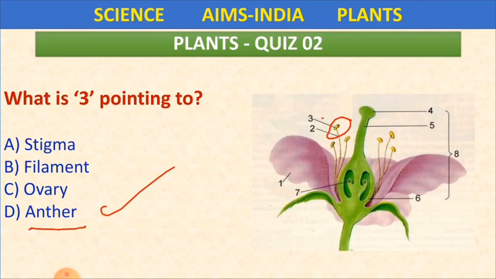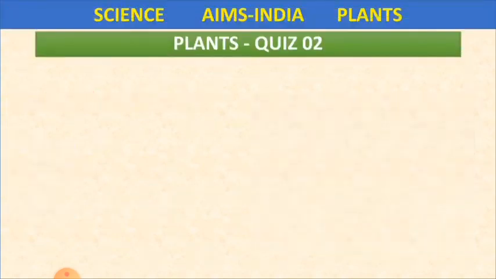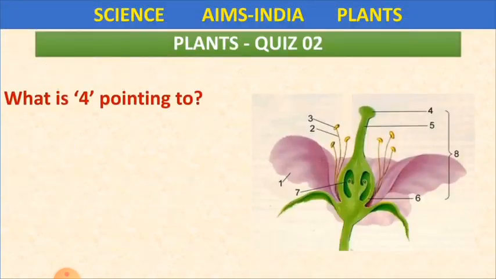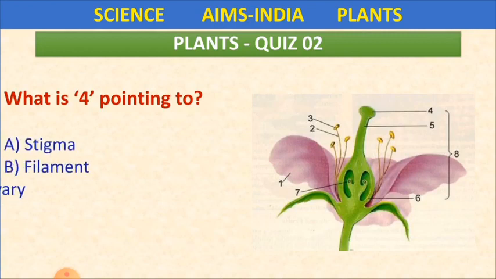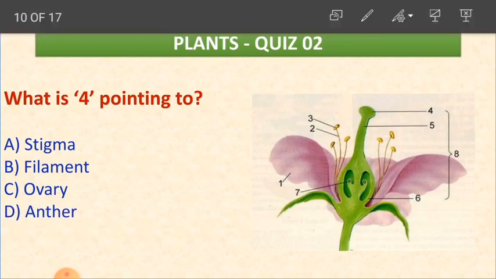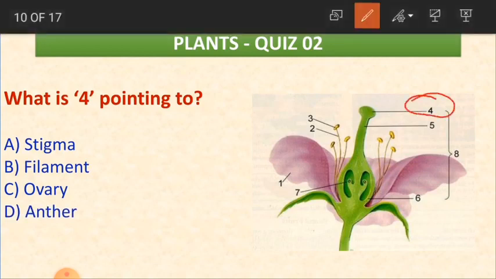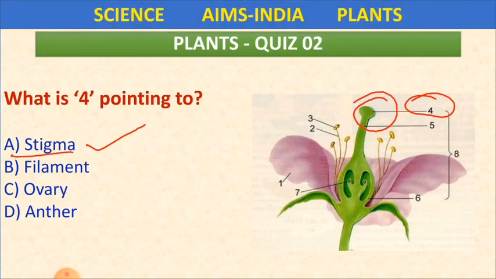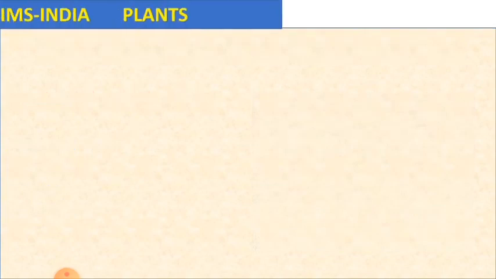Okay. Next question. What is 4 pointing to here? See, this part. What is this part called? Topmost part and a little sticky. What is this? Yes, stigma. The answer is stigma. Okay, children. So we'll just go for the next question.